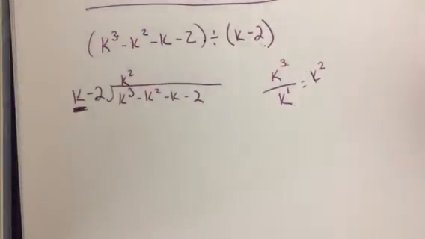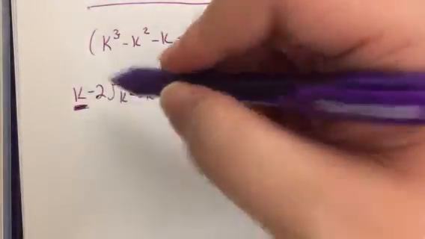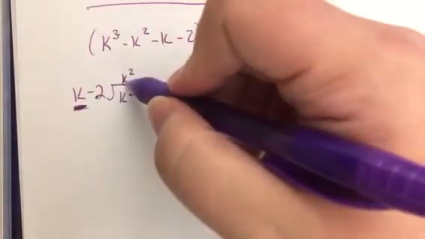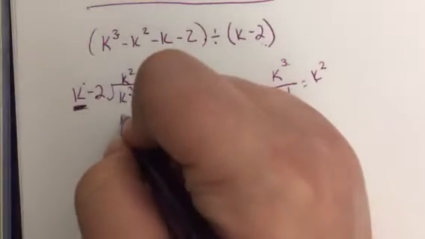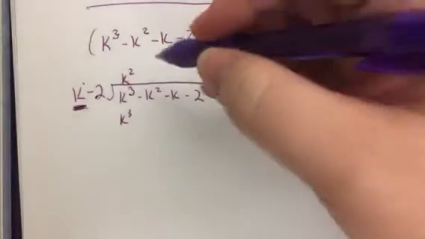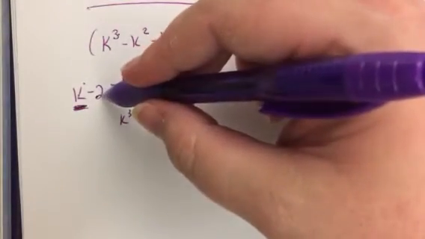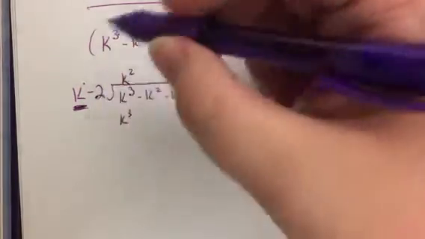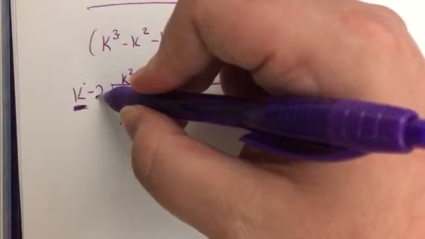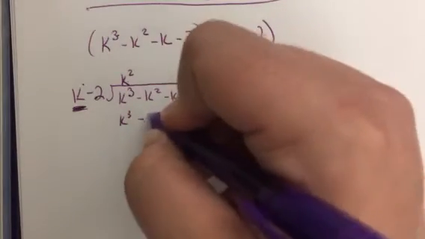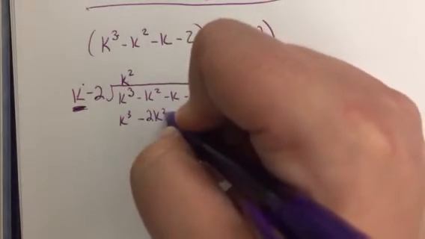Now I'm going to multiply, because that's our next step in long division. k squared times k is k to the third. Then I have to multiply by this minus 2. k squared times negative 2 gives me minus 2k squared.